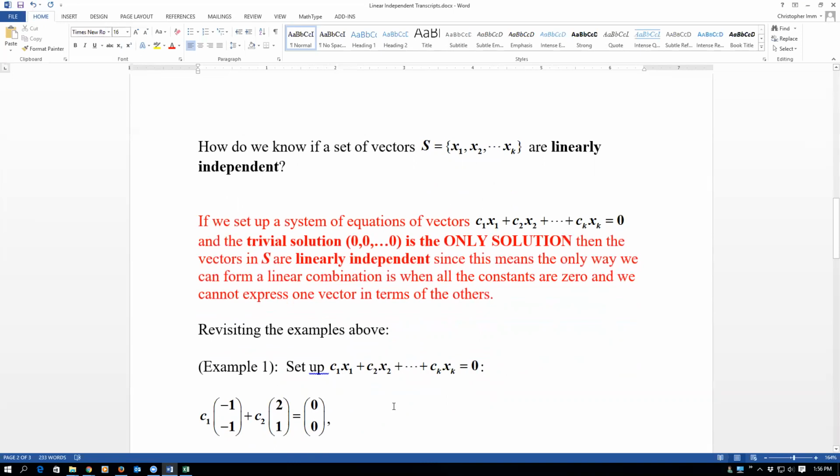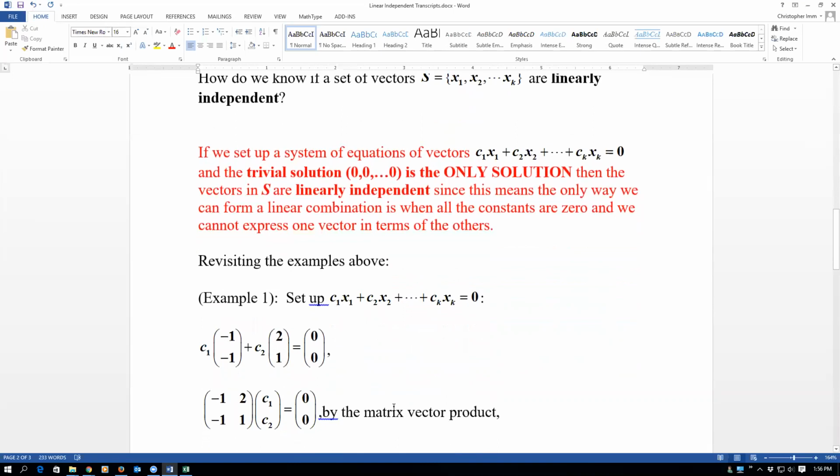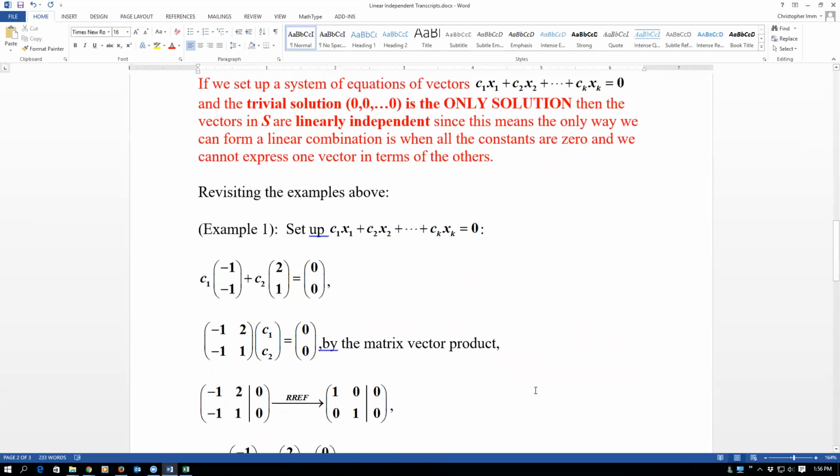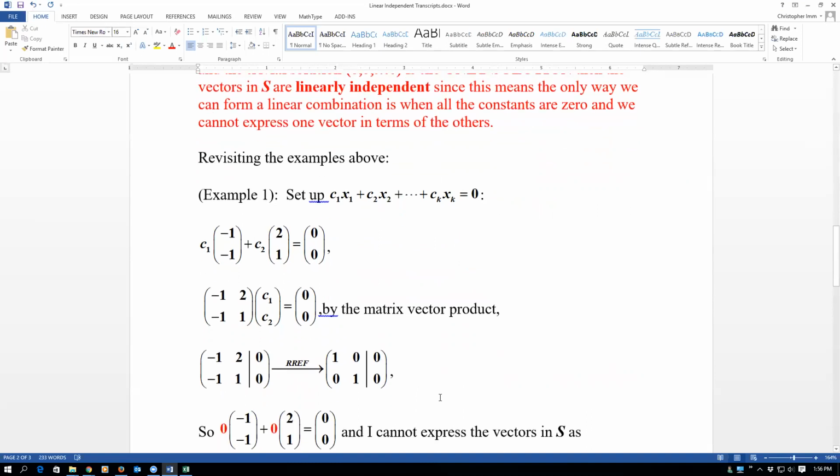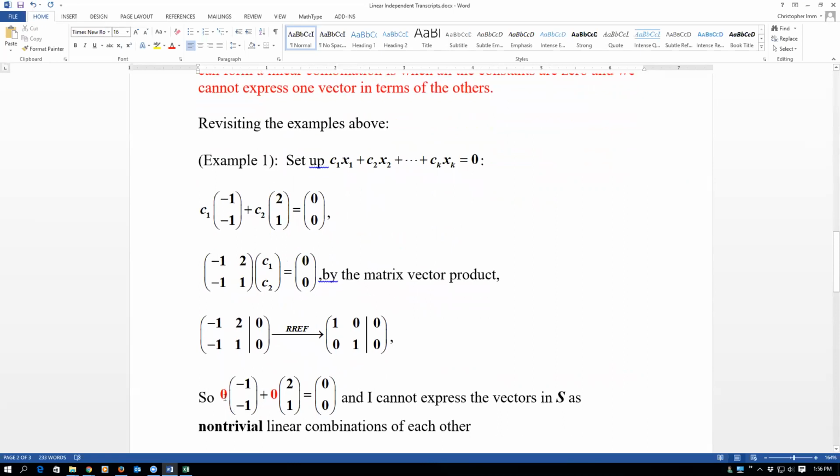So C1 times the first vector plus C2 times the second vector is equal to 0. And we can convert it into a matrix equation by the matrix vector product. And I'll just use REF. And it turns out that we only get the trivial solution here. So C1 has to equal 0 and C2 has to equal 0. So in this case, I cannot express the vectors in S as a non-trivial linear combination of each other.